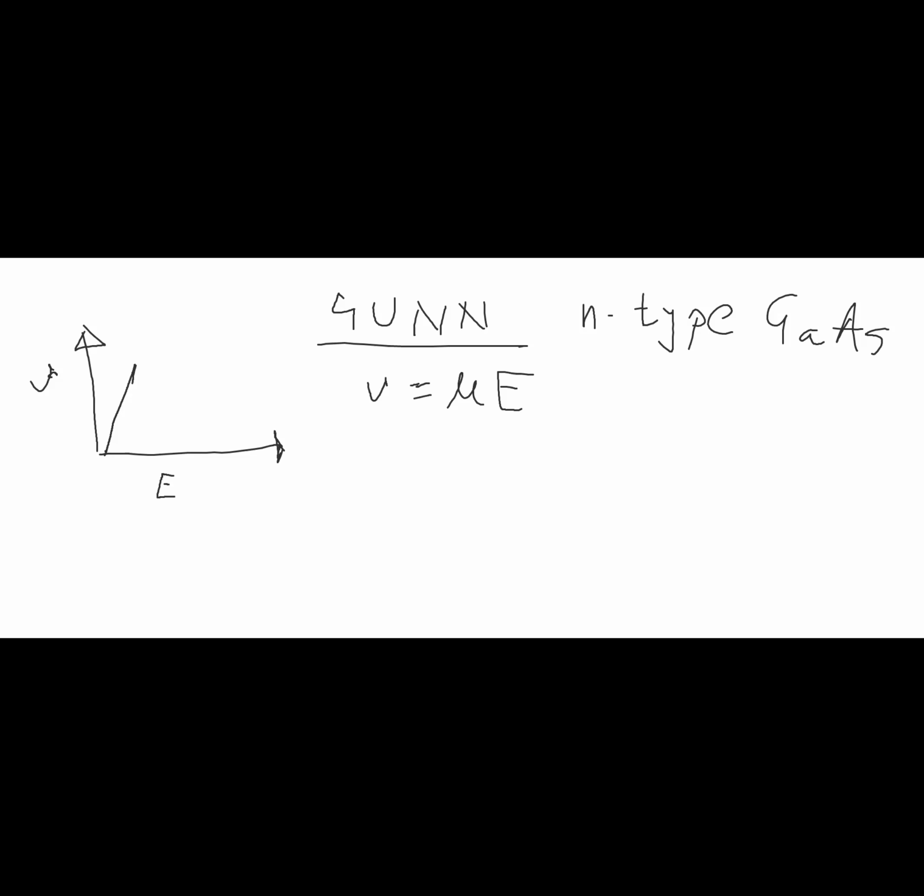Even if the field increases, there is hardly any increase in the velocity. But a drop in the velocity was observed, and after that the velocity becomes almost constant. So if we are increasing the electric field intensity, by this formula the velocity should increase.